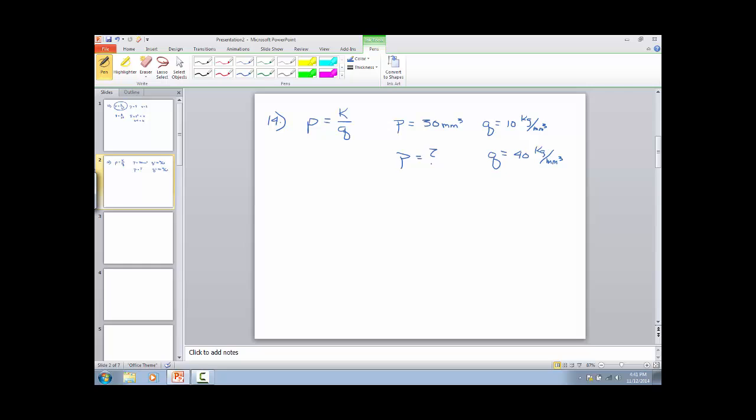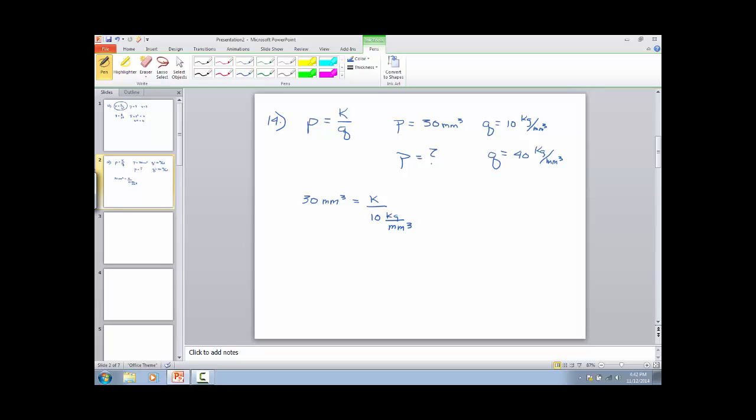Then we're going to use that constant back in the equation to find P. So let's do that. 30 millimeters cubed equals K over 10 kilograms per millimeter cubed.